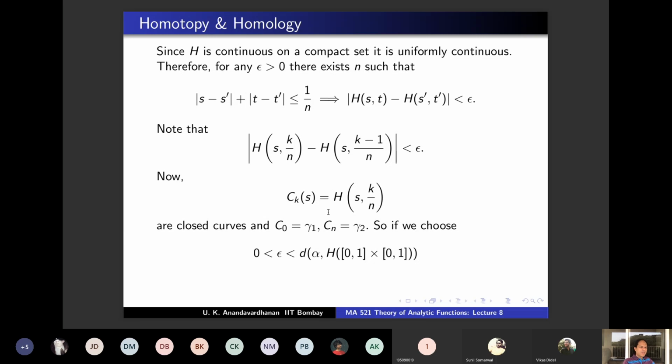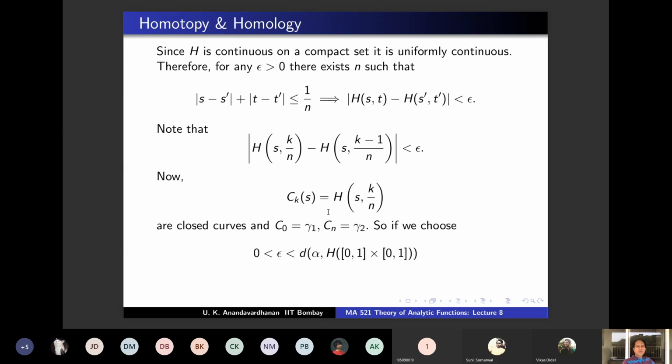And therefore the index of alpha with respect to ck is the same as the index of alpha with respect to ck minus 1. And since the starting thing was gamma 1 and the ending thing was gamma 2, it shows that the index of alpha with respect to gamma 1 is equal to the index of alpha with respect to gamma 2.